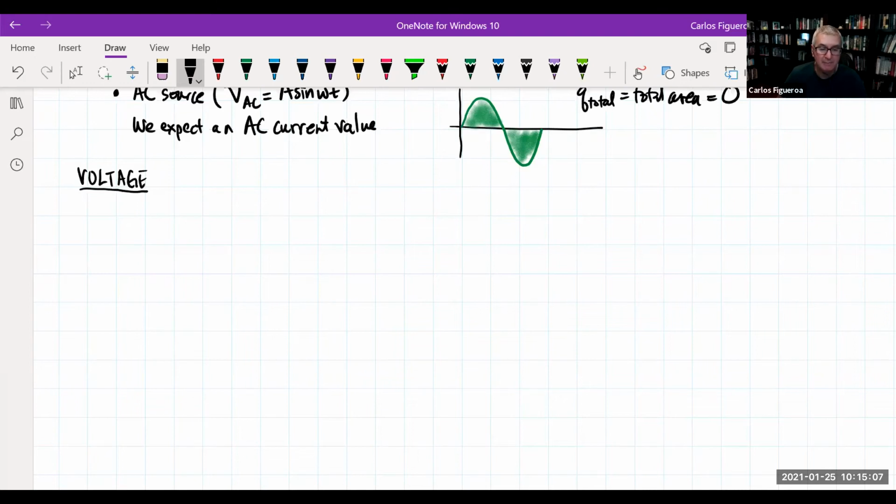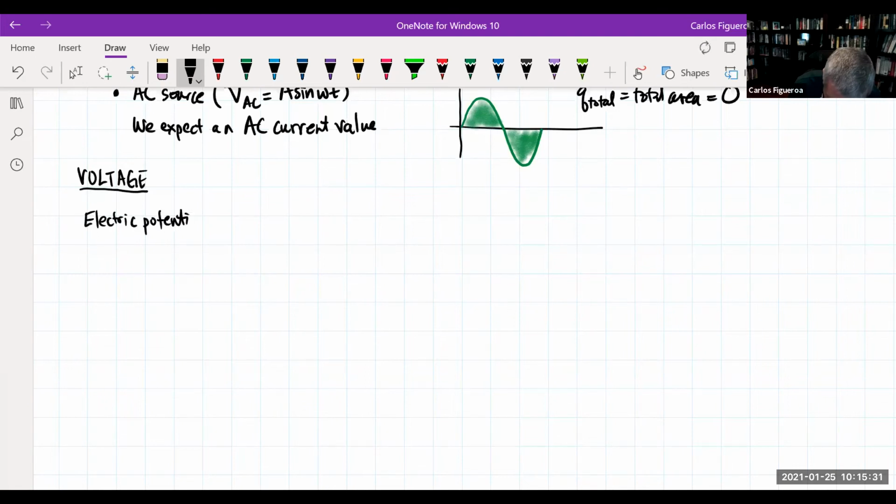But in power supplies, you typically have a constant voltage. Now, I have to be careful about what I'm going to say here, but ultimately we start off with something called electric potential.